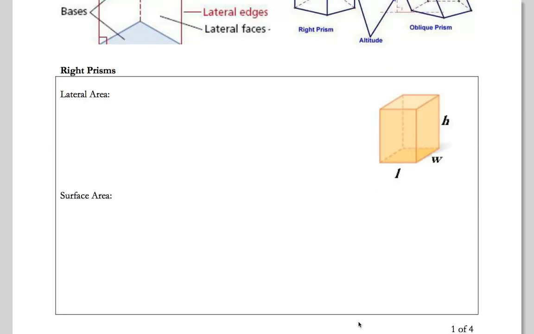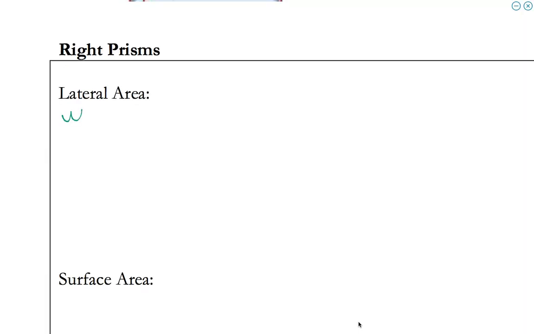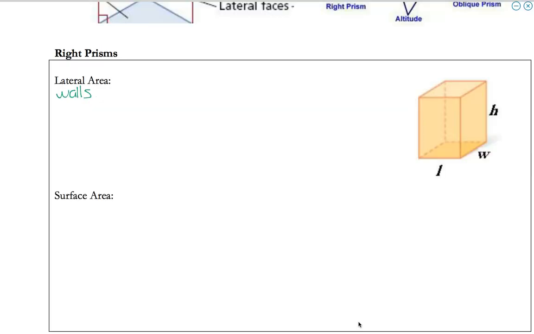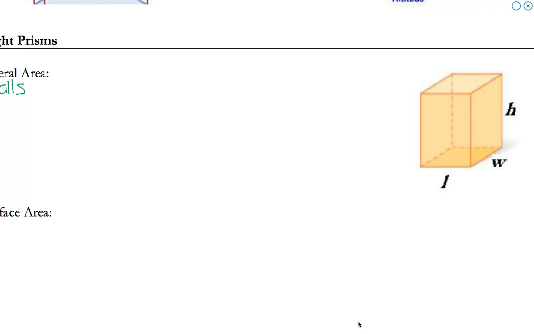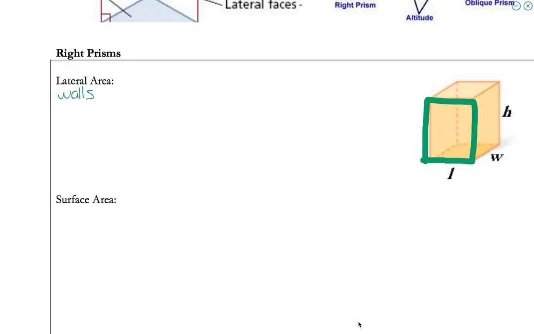All right, lateral area. If I was to find the lateral area, remember it's all of the walls. So that's one of the walls. And how would we find the area of that green wall?